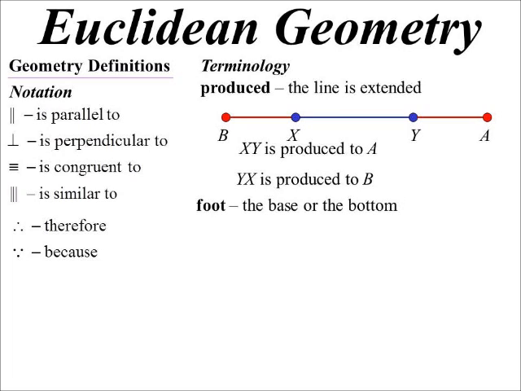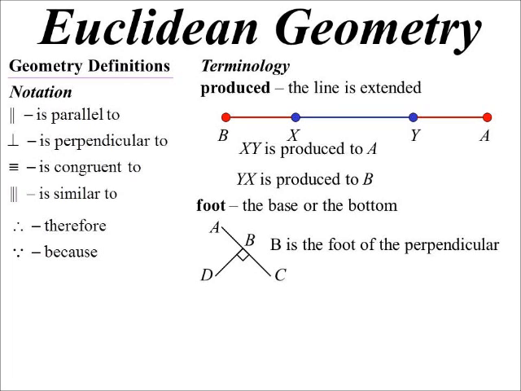Foot is often a word we use in geometry to mean the base or the bottom, the foot of the perpendicular, things like that. It doesn't necessarily actually have to be at the bottom. B is still called the foot of the perpendicular in that situation. Collinear, well, we talked about that in coordinate geometry as well.